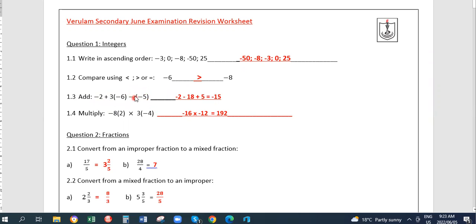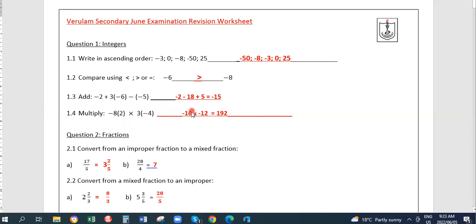Although you can't see the number, it's known to be a 1 outside the bracket. 1 times 5 is 5. This you can put in your calculator again, or -2, -18, you're adding. That's -20. There's 20 negative in total, and there's 5 positive. So there are more negative numbers, so we're going to get a negative answer. So -20 plus 5 is -15.